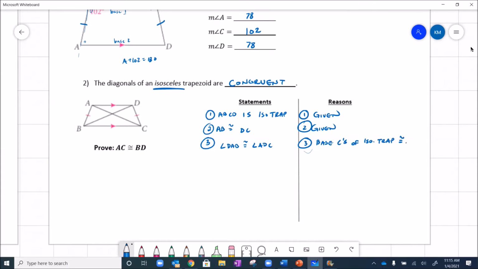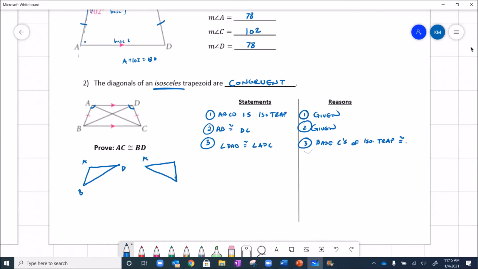All right, so I can mark that out, and really what I'm going to do is separate these two triangles, because I want to prove that BD is congruent to AC, but I want to do that with a triangle proof here.